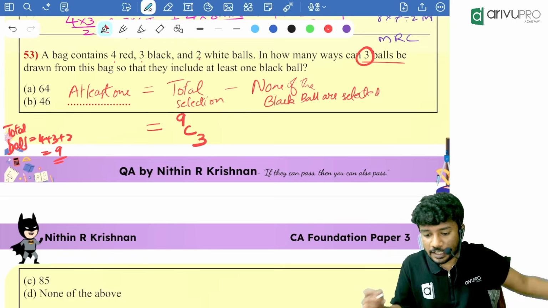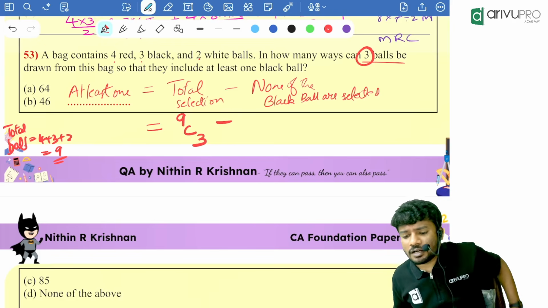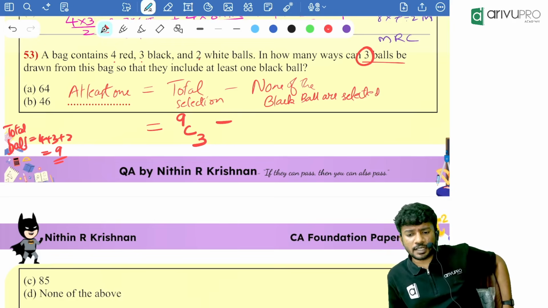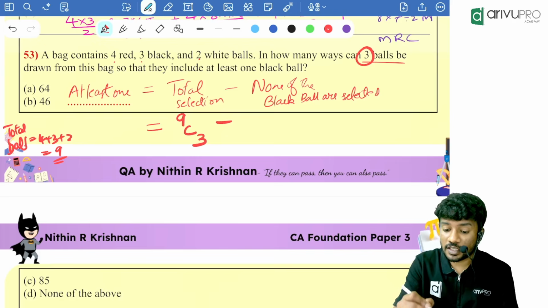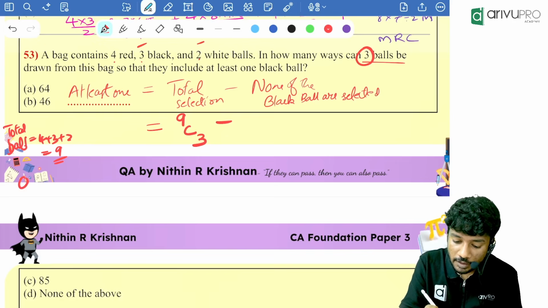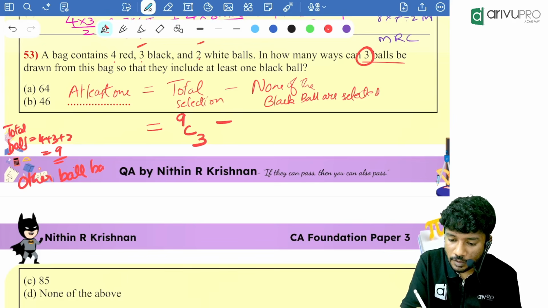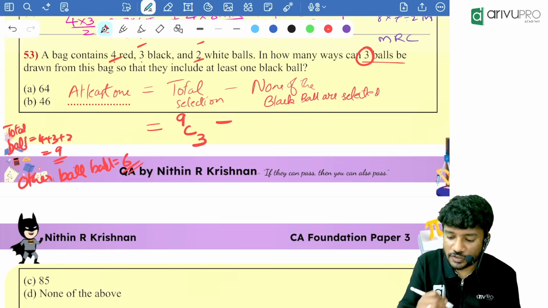Total selection minus none of the black balls are selected. That means other balls are taken. Which are the other balls? 4 plus 2, which is equal to how much? 6.